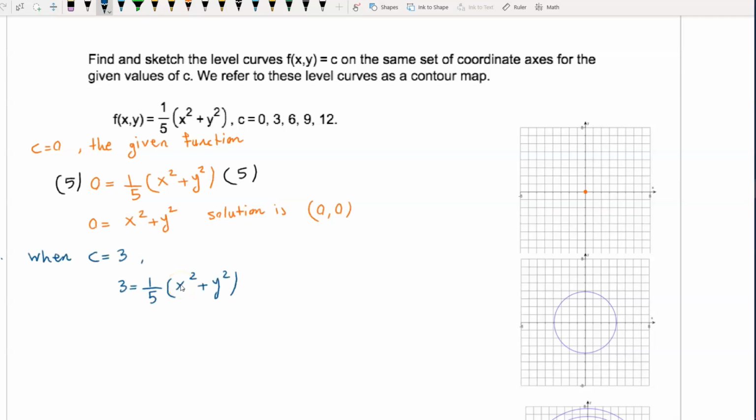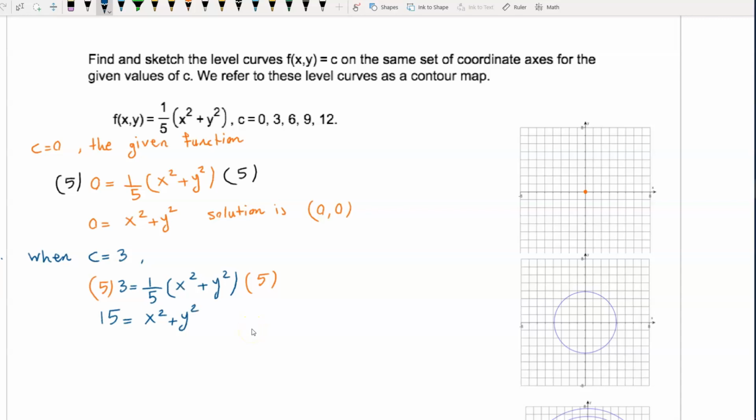And for when we have c equal to 3, here we have 3 equal to 1/5 multiplied by (x squared plus y squared). So here again, to clear this fraction, multiply by 5. On this side we have 15 equal to x squared plus y squared.